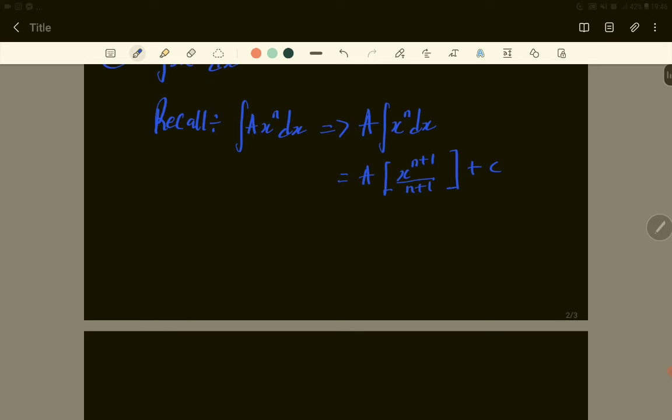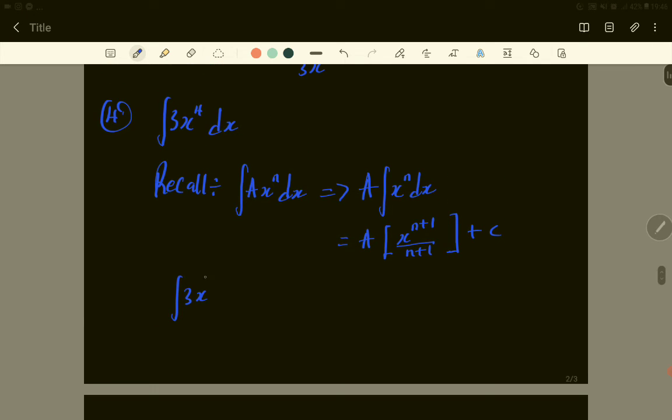Alright, so now the integral of 3x to the power of 4 dx. Following this rule, I'm going to have 3 times the integral of x to the power of 4 dx.